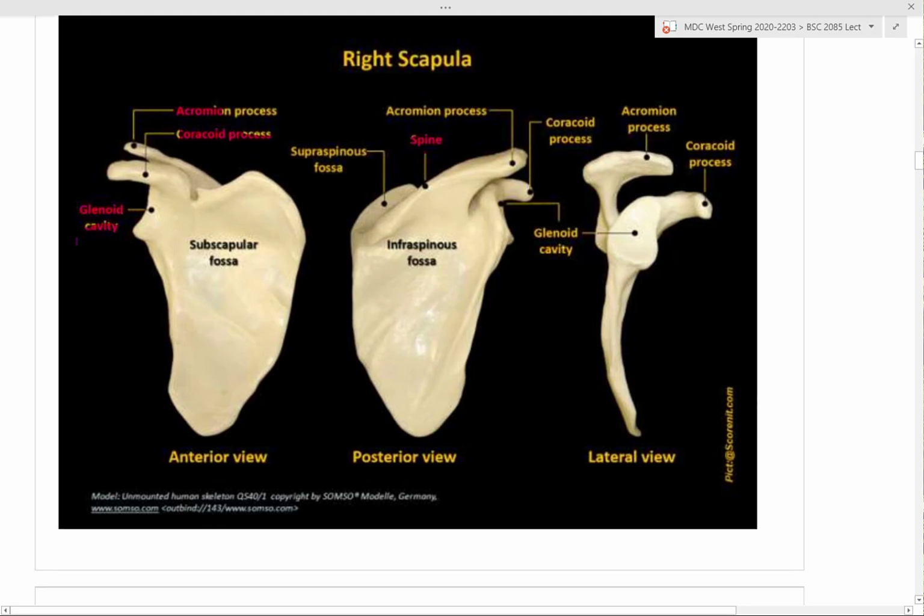Why am I emphasizing this one? Because the glenoid cavity, acromion and coracoid process are what bind to the head of the humerus, which is later going to make a capsule, and then we call that a shoulder joint. Okay?